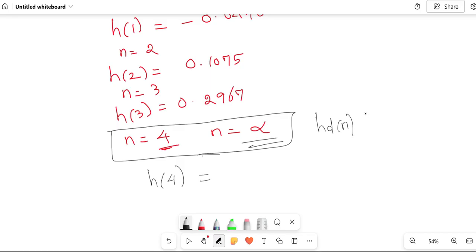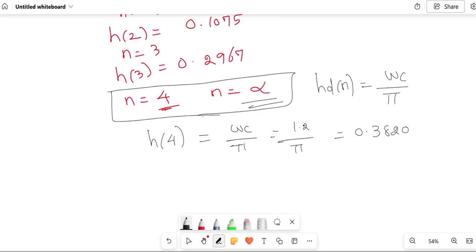It is omega c by pi, so omega c 1.2 by pi, which is equal to 0.3820. This is when n is equal to alpha.